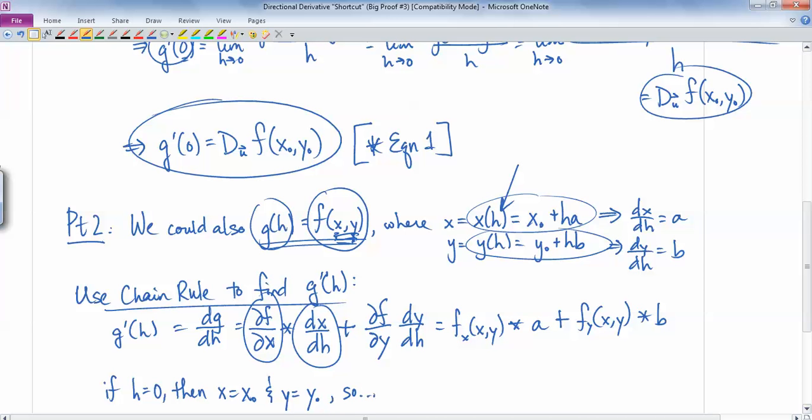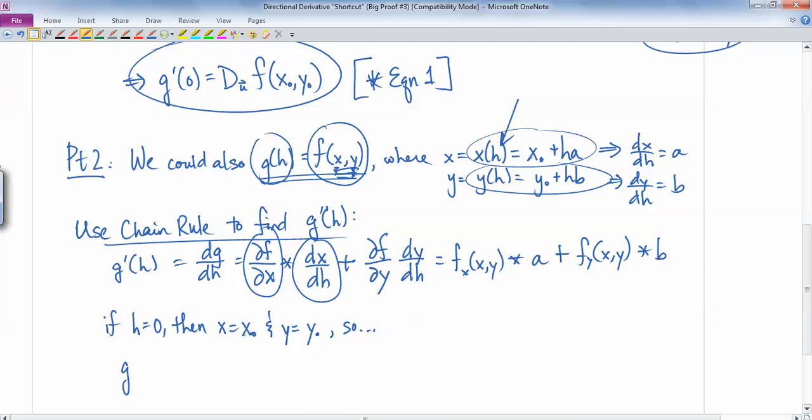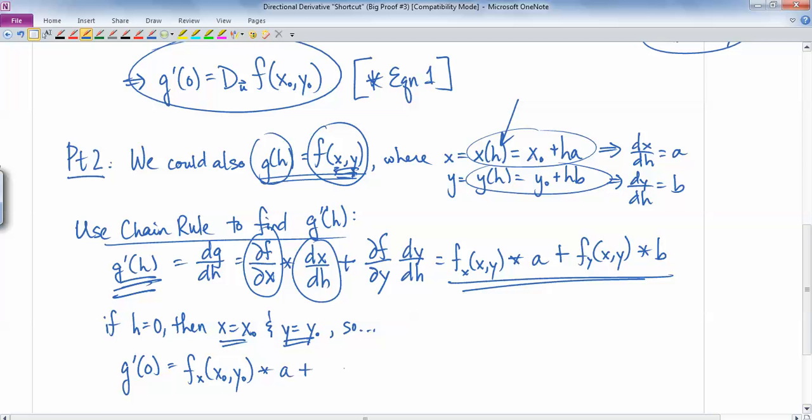So then if we find g prime of 0, that's the same thing as up here, but h is 0, and x turns into x naught, and y turns into y naught. So g prime of 0 equals this thing when we plug in 0. So it's f sub x at x naught, y naught times a plus f sub y at x naught, y naught times b.